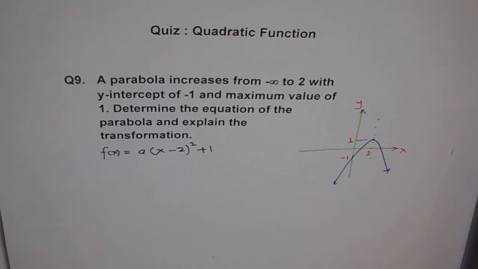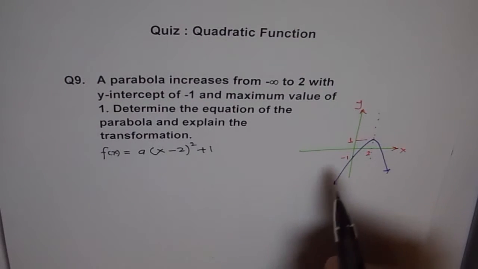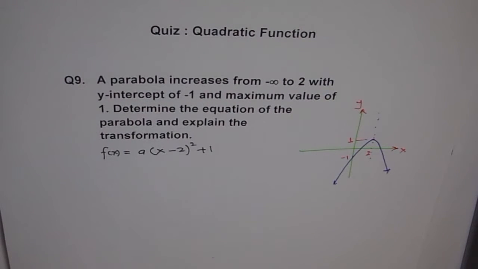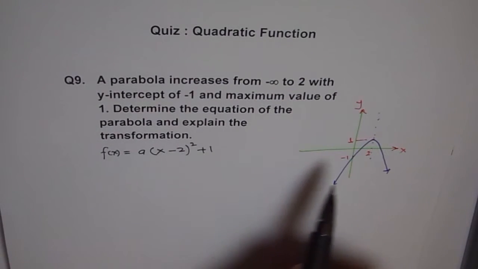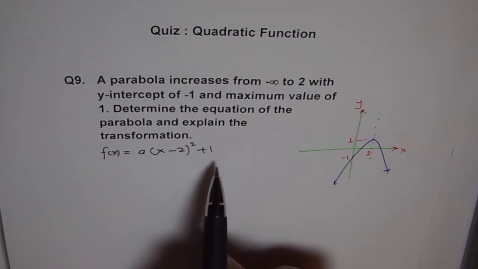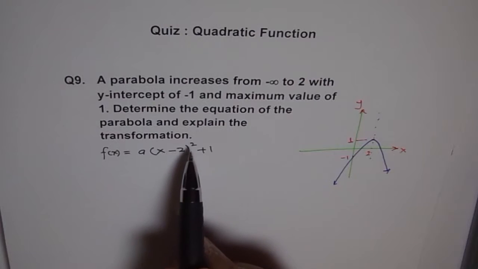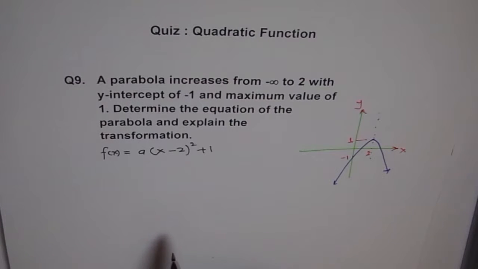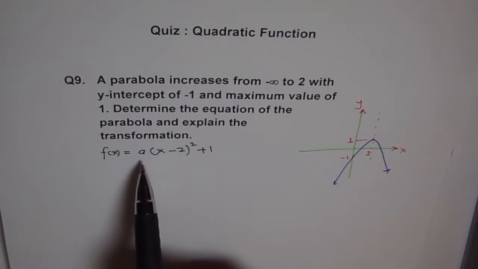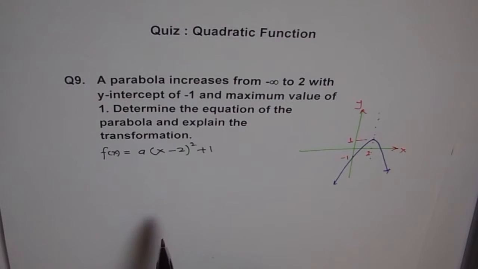I know a should be negative because it's going down, but we should calculate the value from the y-intercept. Many times I've seen students forget about a and just start with x minus 2 whole squared plus 1, and then land up in problems later. Actually, we should write the general equation in vertex form and try to find the value of a.